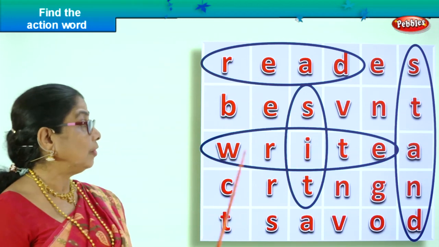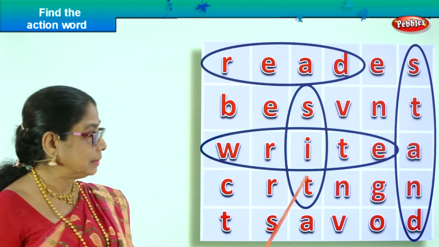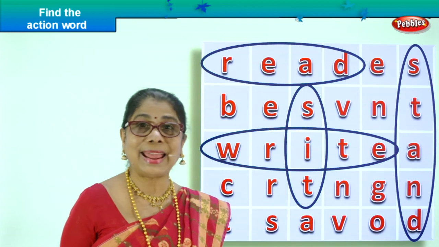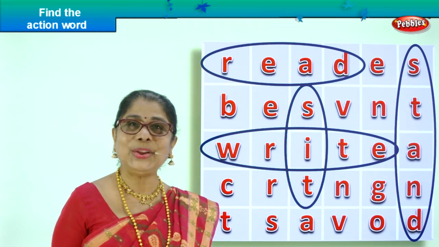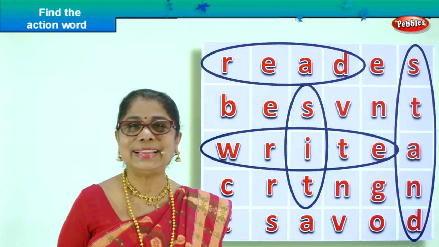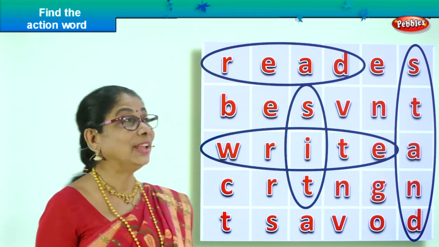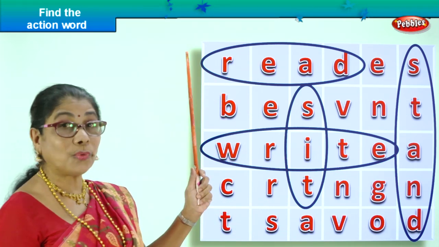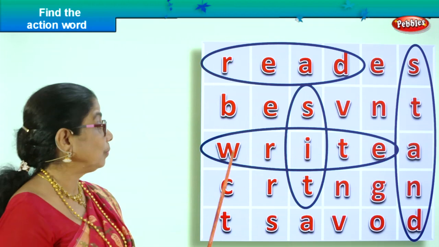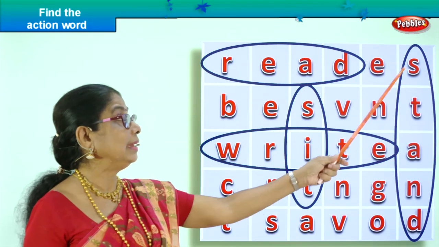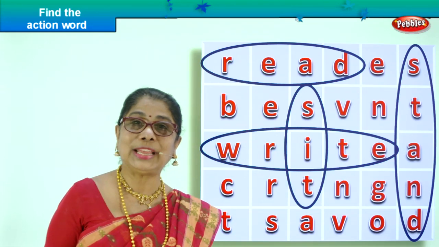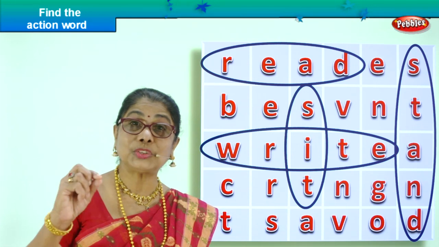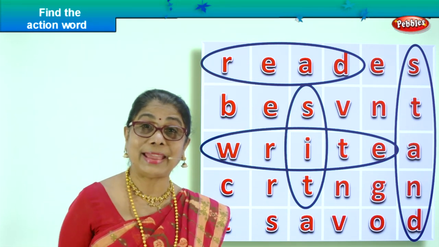Read, write, sit, and stand. Good. Did you enjoy the exercise? It's a lovely exercise, isn't it? You not only spelled, but you also read the word. Read, write, sit, stand. So together with finding, you're also learning to spell and identify action words.